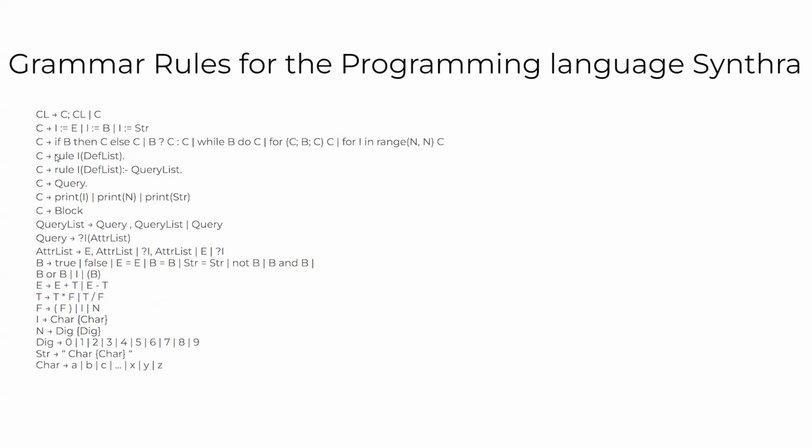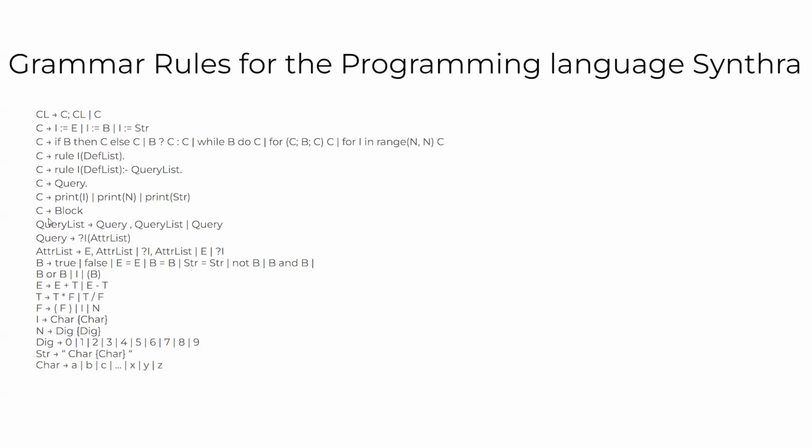It also has the declarative rules. These rules basically add to a knowledge database, and it can run queries against that database at compile time. When we are interpreting the language, it supports printing values from variables, printing numbers or expressions, and then printing strings.